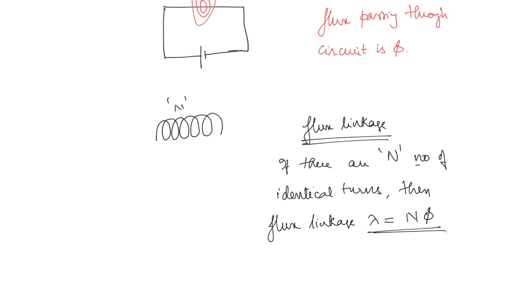Now this flux linkage is proportional to the current that is passing through the circuit. The magnetic field lines here are going to be in this way.